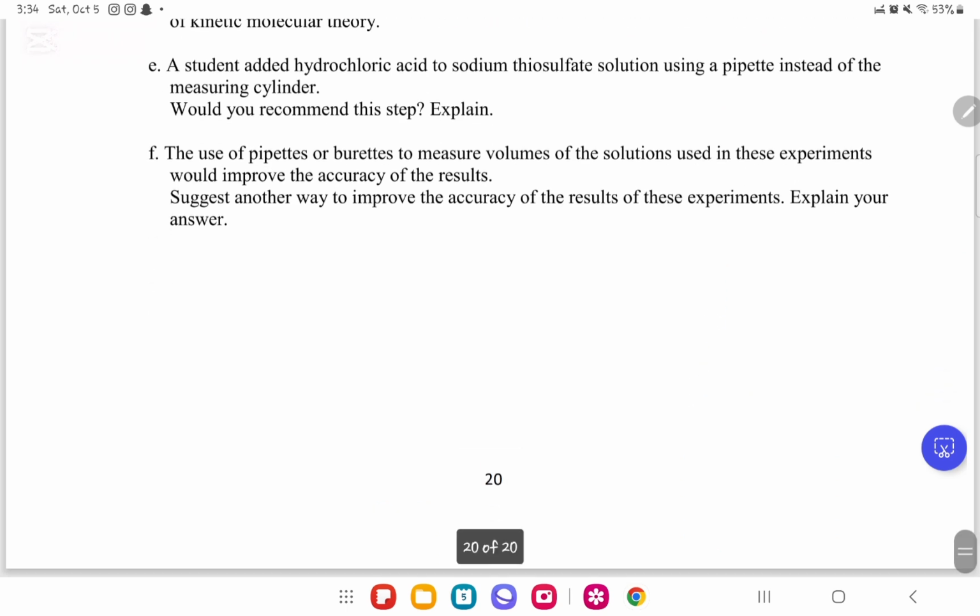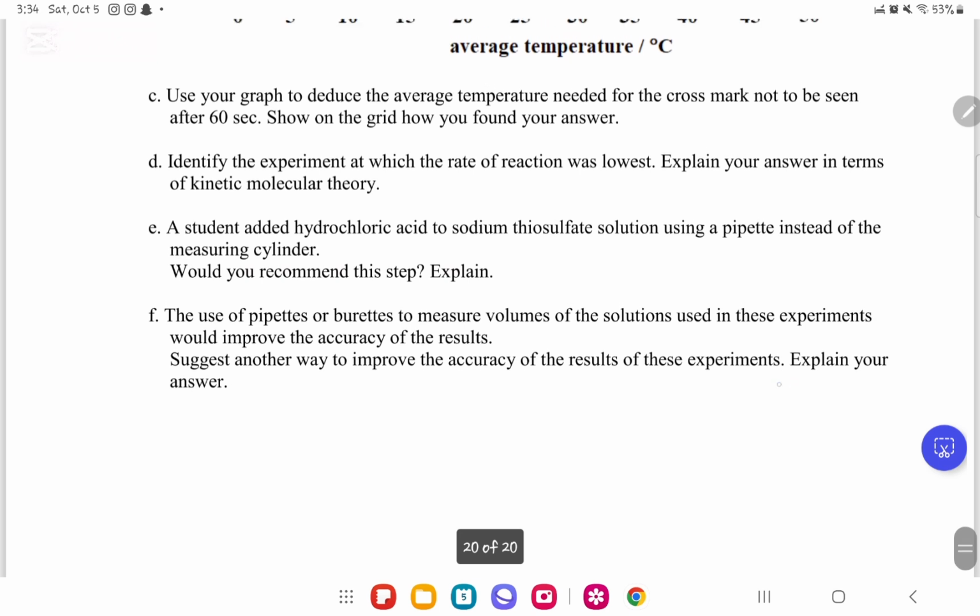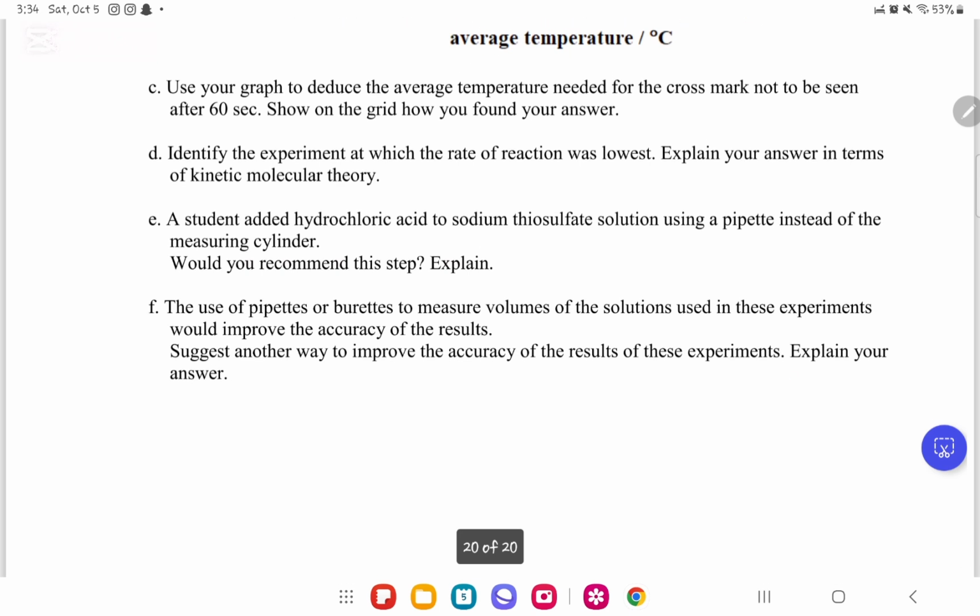I missed E. For E, a student added hydrochloric acid to sodium thiosulfate solution using a pipette instead of the measuring cylinder. Now, they're telling us that the student used a pipette instead of a measuring cylinder.